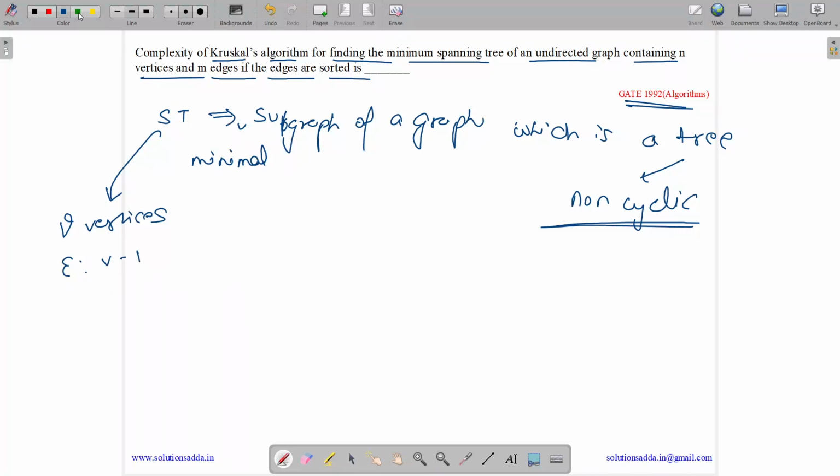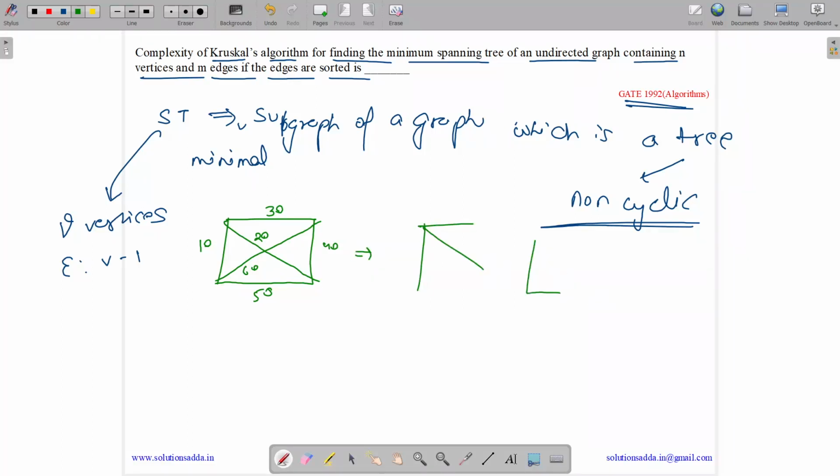Now there can be many spanning trees possible. Suppose this is the graph and the edge weights are 10, 20, 30, 40, 50, and this is 60. So we can have various spanning trees like this one, or like this one, but the cost will be different.